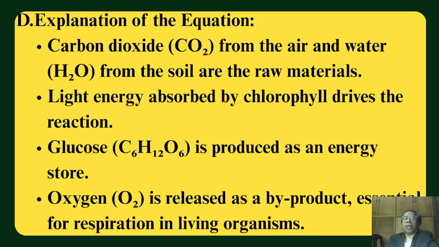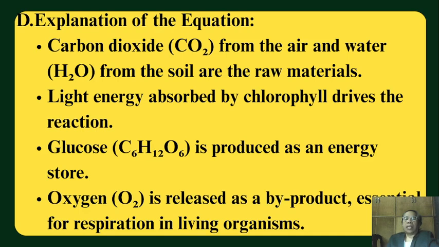Explanation of the equation. Carbon dioxide from the air and water from the soil are the raw materials. Light energy absorbed by chlorophyll drives the reaction. Glucose, C6H12O6, is produced as an energy store.